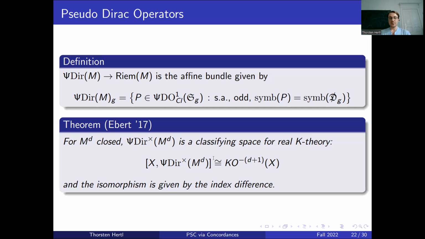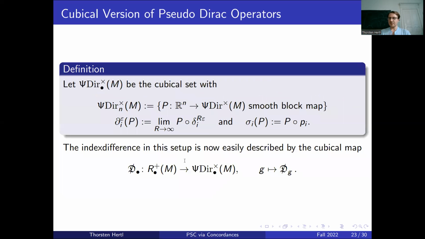And even better, this isomorphism is not just an abstract natural one, but it is actually given by the operator index difference.